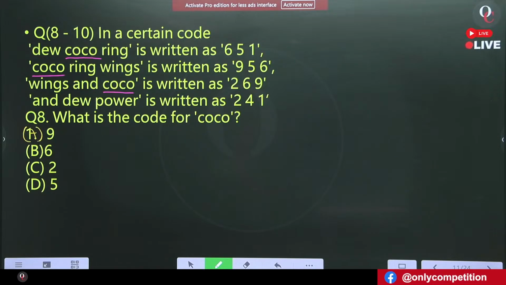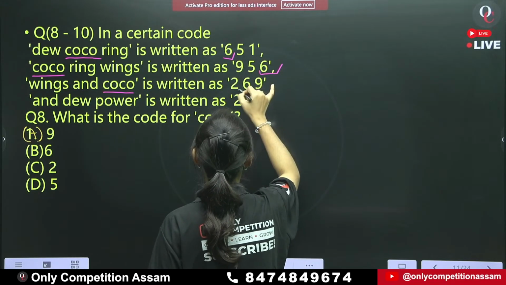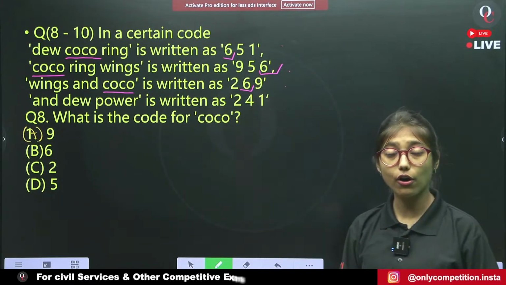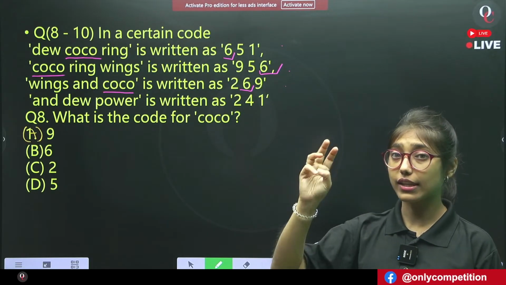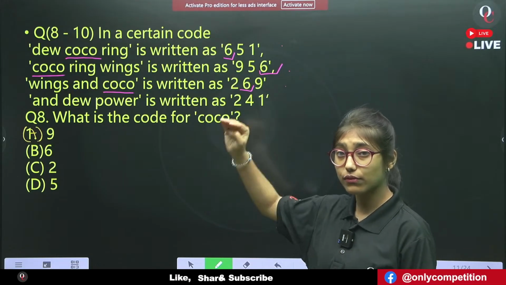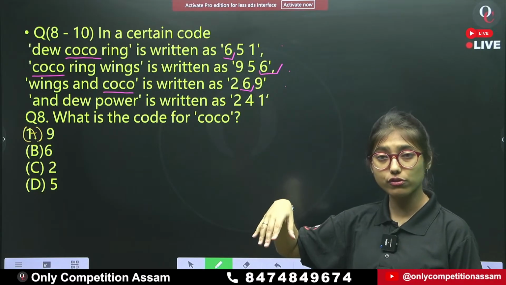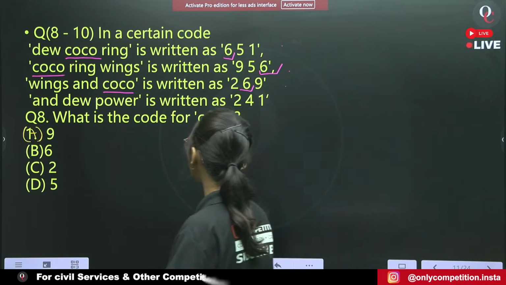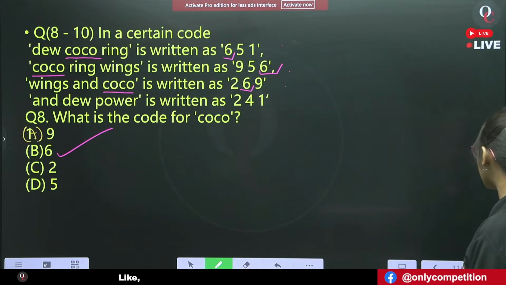So our answer will be 6, because 6 is the common number in these three sentences. All okay? We just need to observe in Chinese or substitutional coding that cocoa is in which sentences, first, second and third, and then respectively we need to find a common number to find the code. So what is the code for cocoa? It is option B, 6.